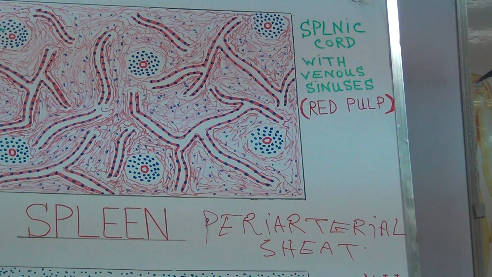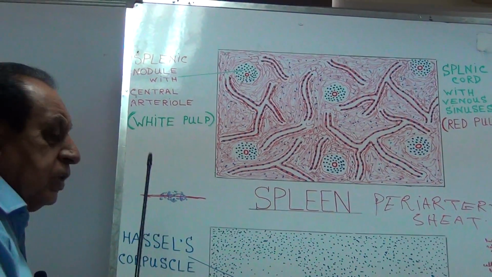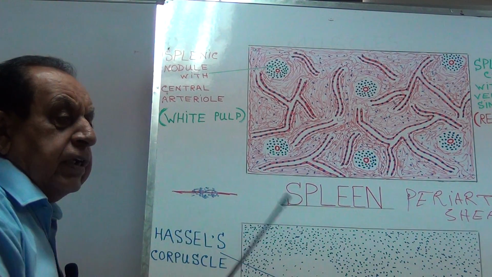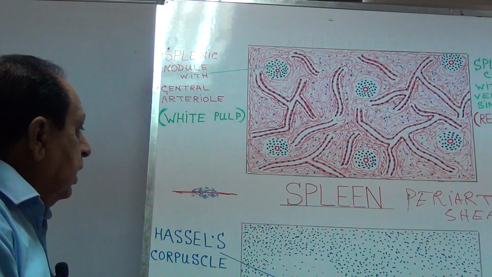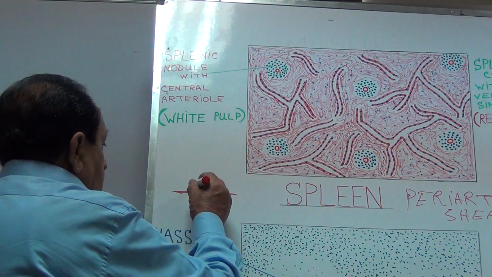Then sometimes at this region more lymphocytes become aggregated and they form a solid nodule.